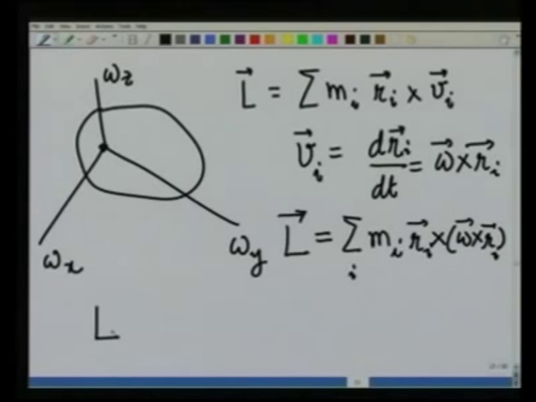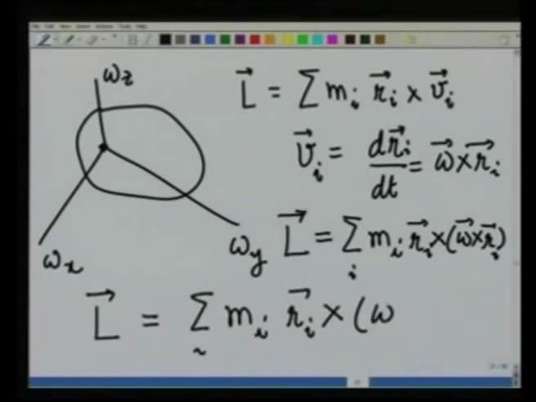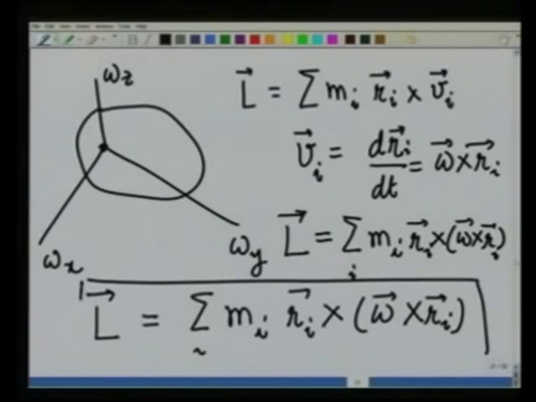So, this is the general vector L, summation over i of mi Ri cross omega cross Ri, and this is what I want to evaluate now. Remember now, omega has 3 components.